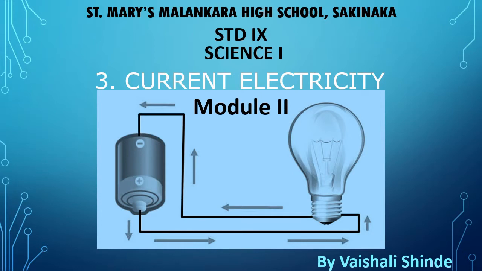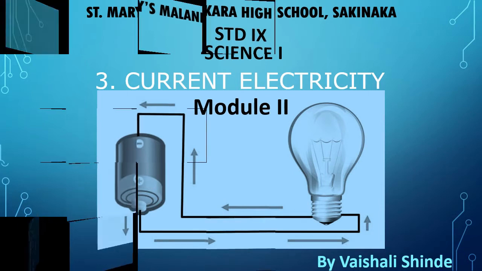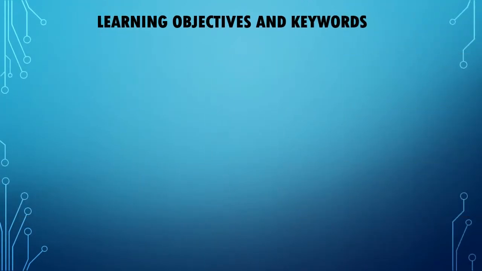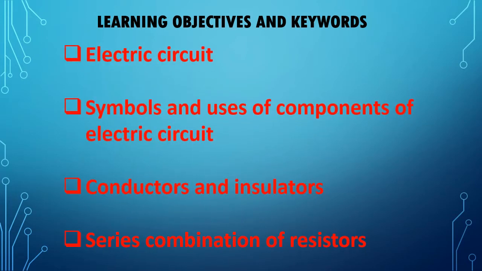Welcome students to the second module of chapter number 3, Current Electricity. In this module, we will study an electric circuit, various symbols and uses of different components of an electric circuit.